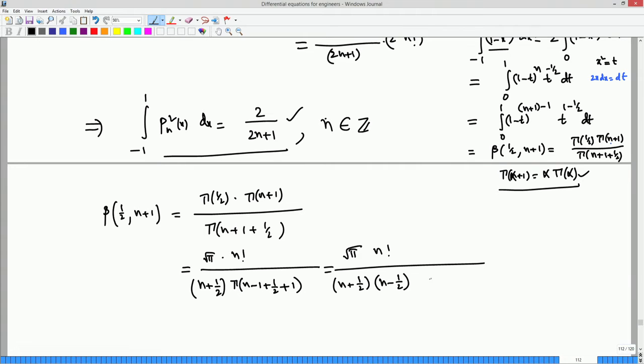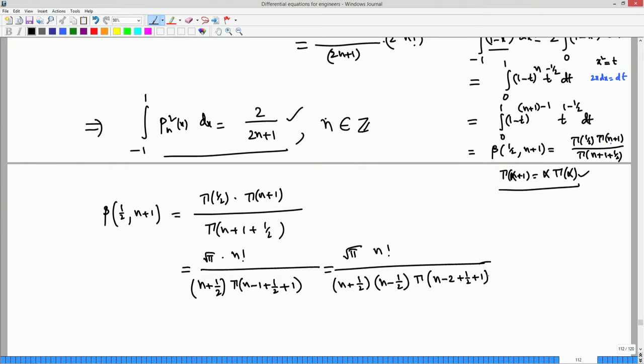So, it is going to be n minus half into gamma of n minus 2 plus half plus 1. What is this actually? n minus 1 plus half is n minus half, so n minus half into gamma n minus half.